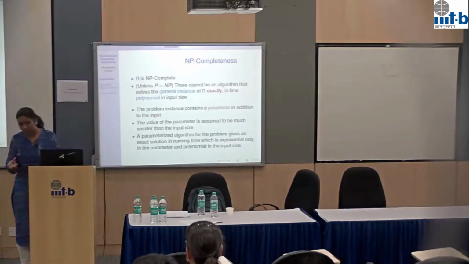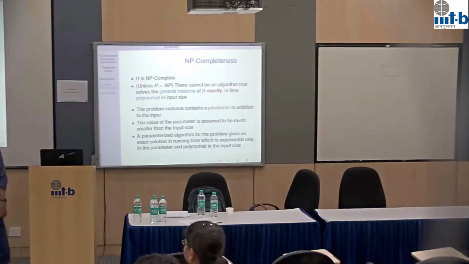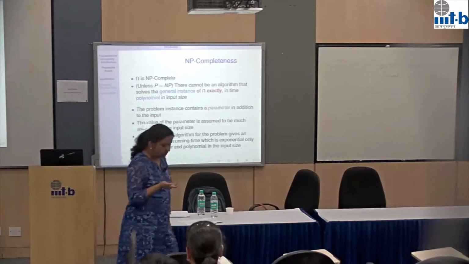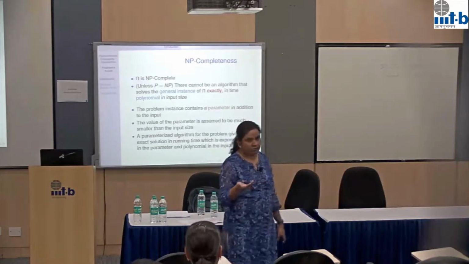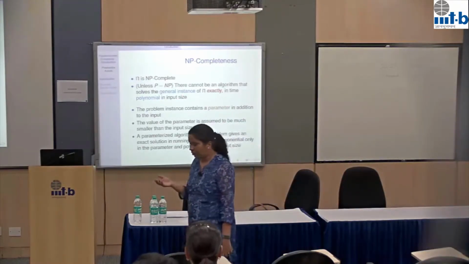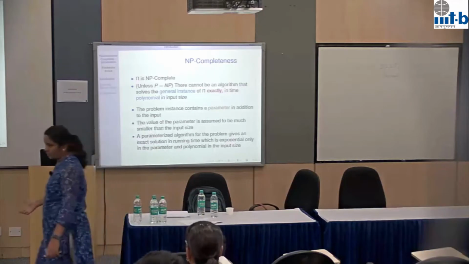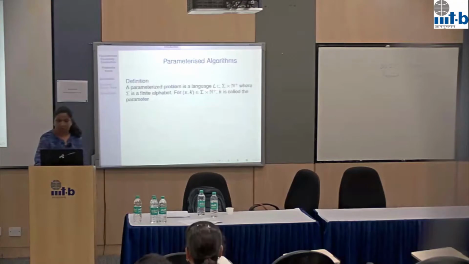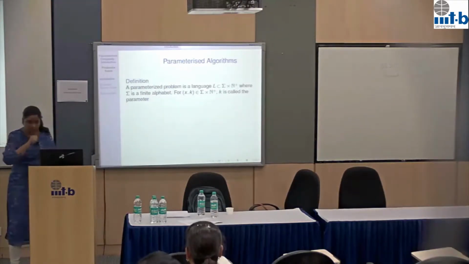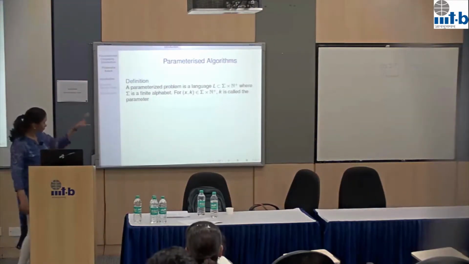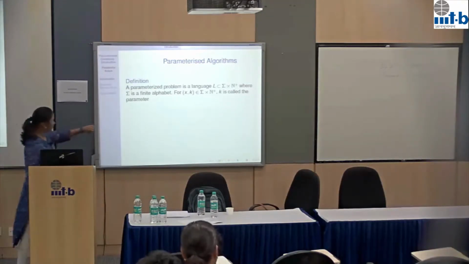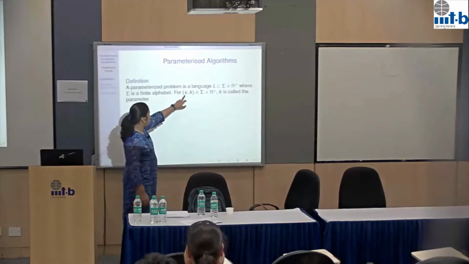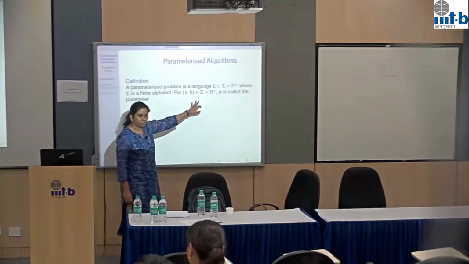So for every problem, you add a parameter to it. The parameter can be anything, like a structural parameter of the input, and we'll see what the parameters can be. So going to a formal definition. Usually when you are solving a problem, you have an alphabet sigma, and you check whether the problem instance x is in the language or not, right?